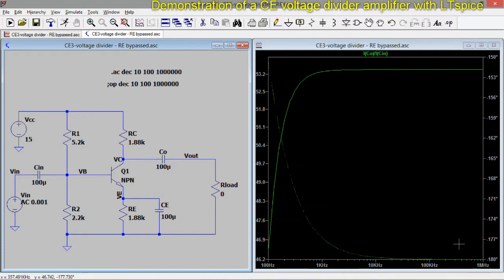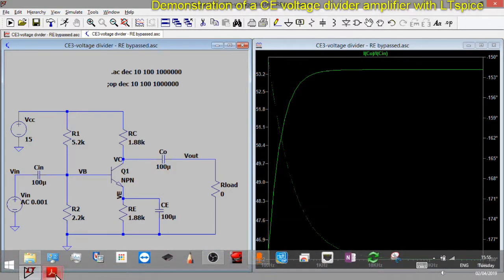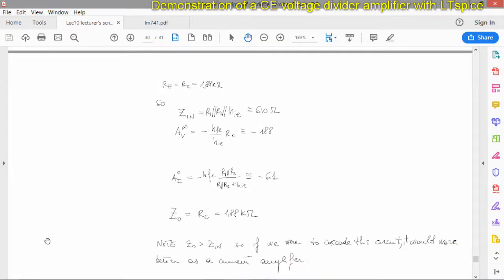Last thing to check, I wanted to check the output impedance. How do I check the output impedance if I have a simulation tool like that? Remember, the output impedance should be 1.88 kilo ohm.